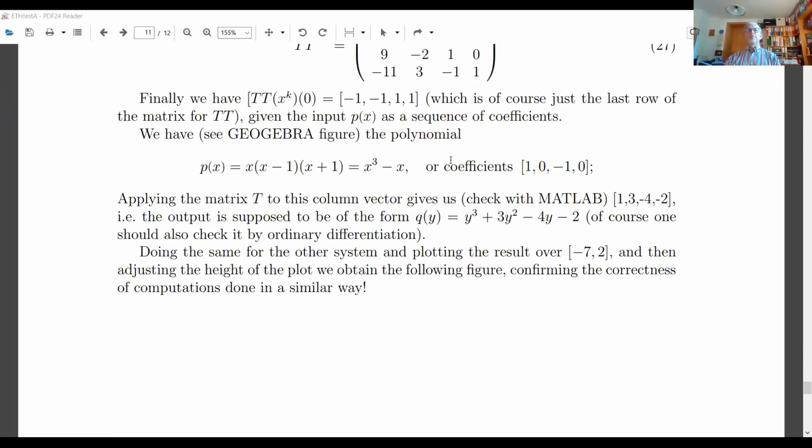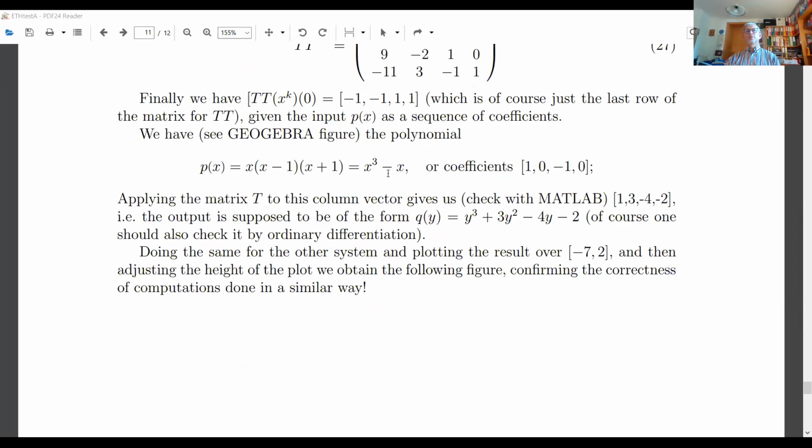And I also tried to do another system, which was the one which I used for the MATLAB plot, applying to x third minus x, the GeoGebra demonstration, and tried to verify it by matrix multiplication. So recall the coefficients of x third minus x in MATLAB monomial basis, so to say, is 1, 0, minus 1, 0.